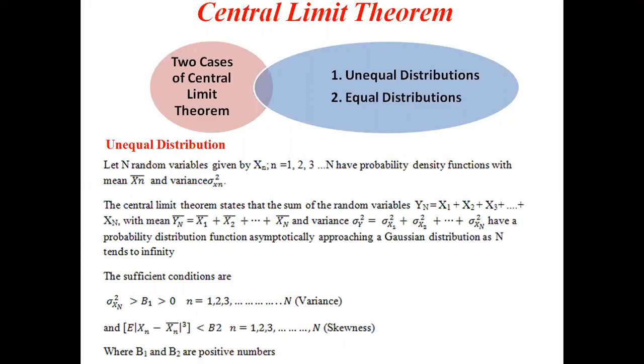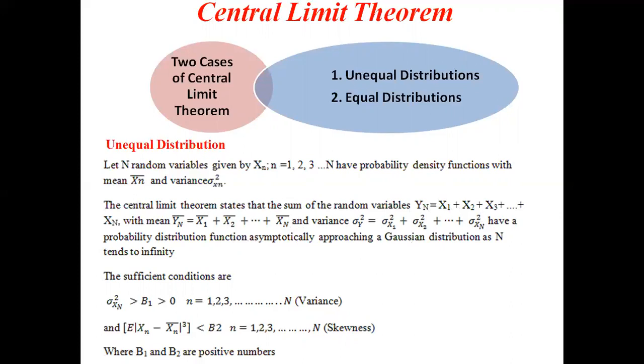They are unequally distributed. So what our central limit theorem states: the sum of these random variables x1, x2, x3 with the mean x1 bar, x2 bar and so on, and variance sigma x1 squared, sigma x2 squared, have a probability distribution function asymptotically approaching Gaussian distribution.